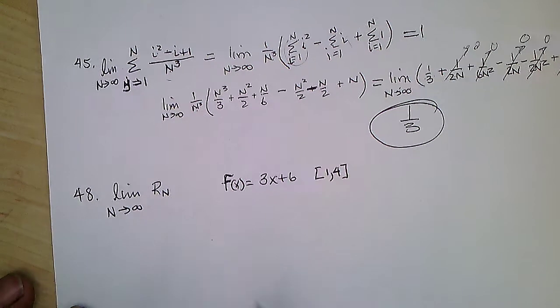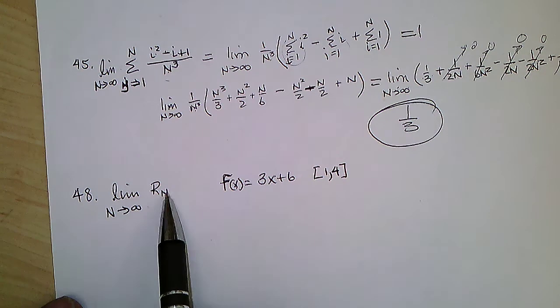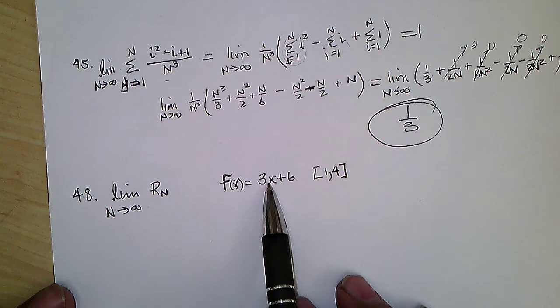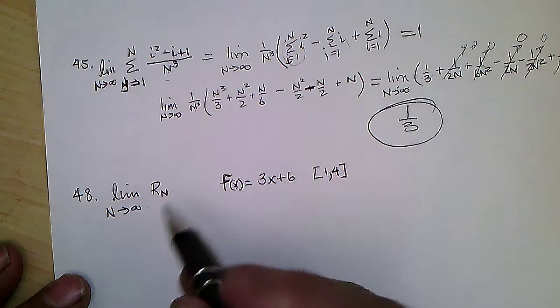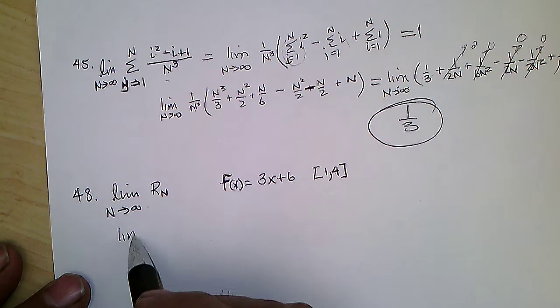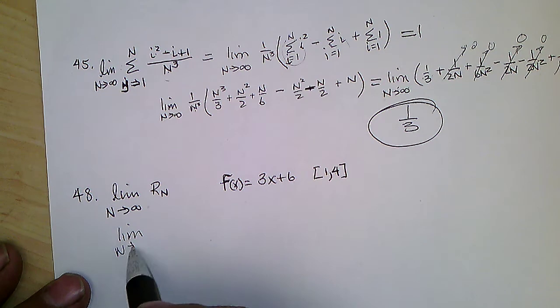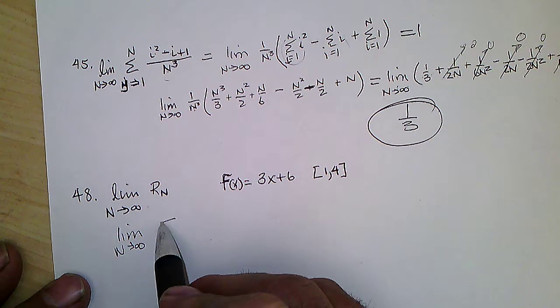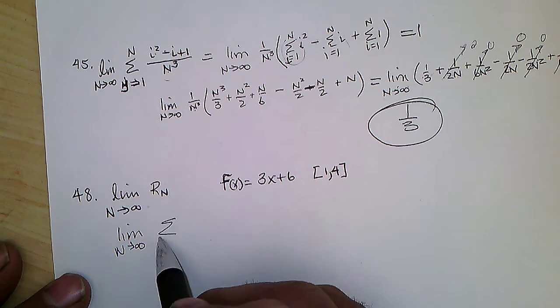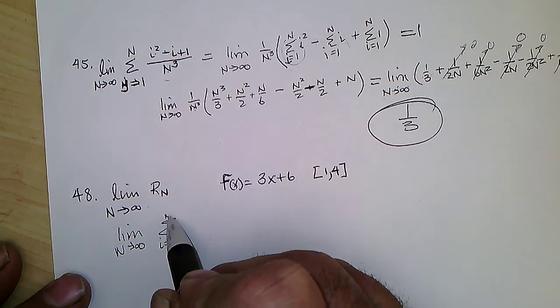Okay. Now we have to do right on this thing from 1 to 4. So we want to do the limit as n goes to infinity of the sum as i goes from 1 to n.